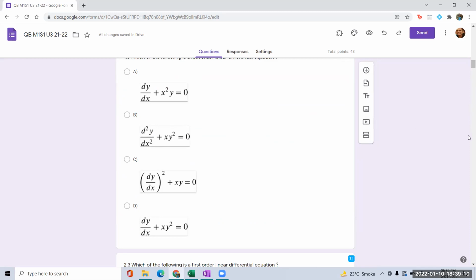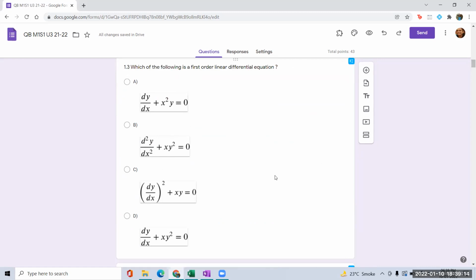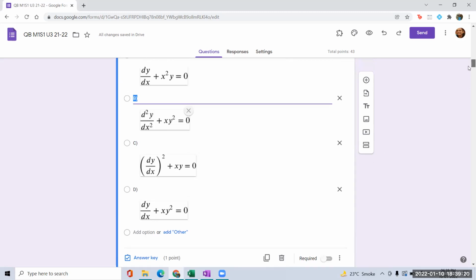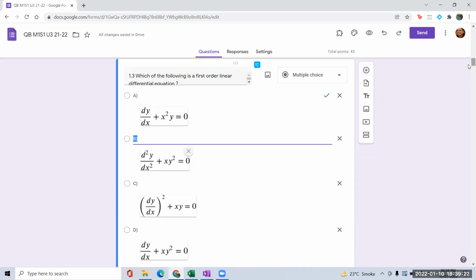Here the correct answer is the first one. Because in the second, B, the y square term is there, the order is second, so this cannot be linear.